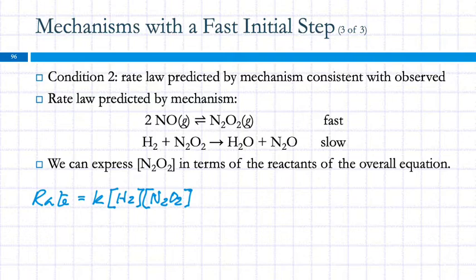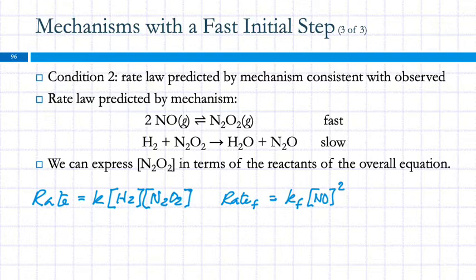And so what we're going to do is look at this first reaction here, and we can predict a rate law for the forward reaction. We'll call that rate forward, and that would equal the rate constant forward times the NO concentration squared. You okay with that? So this going forward, NO squared times the constant, that's the forward rate.